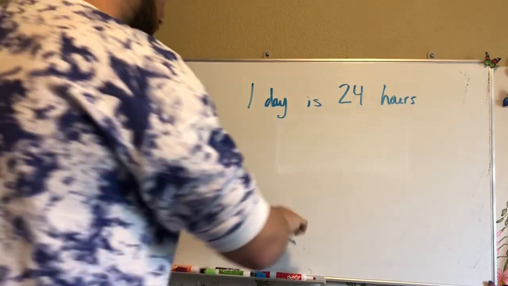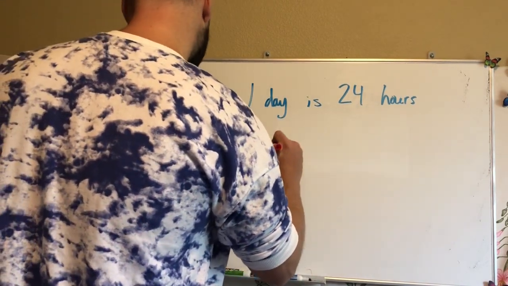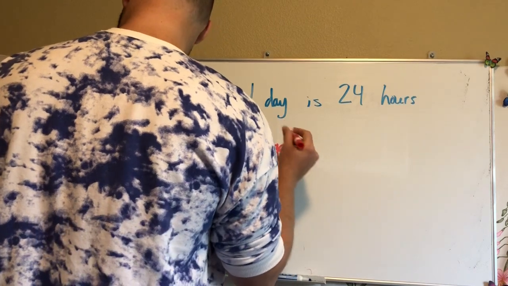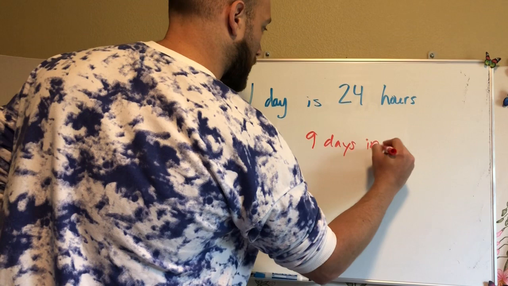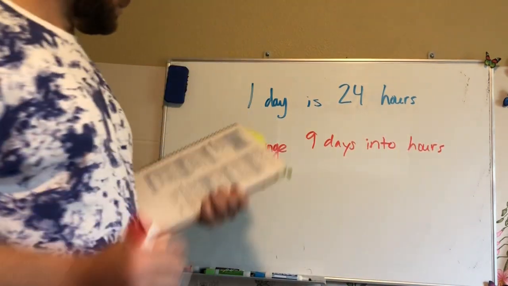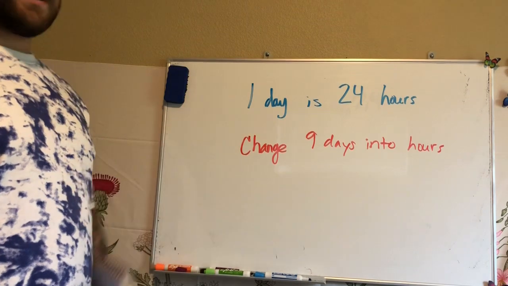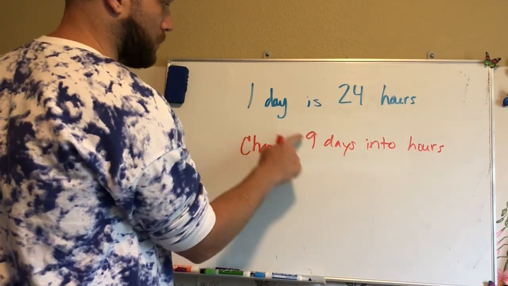So now I'm going to write up here, change 9 days into hours. What's my equation going to be? I'm still moving forward, so I'm replacing 1 with 9.